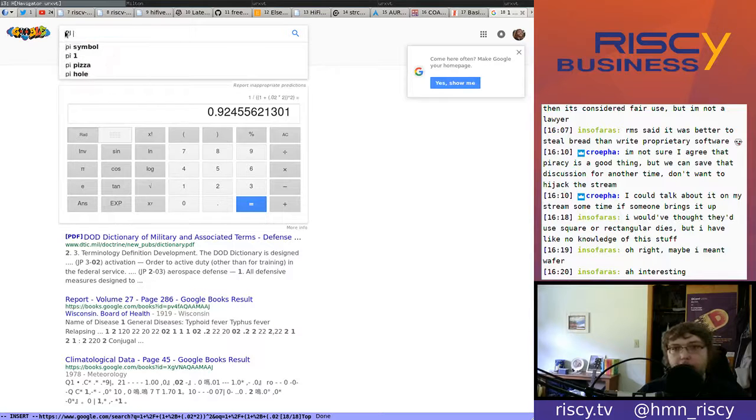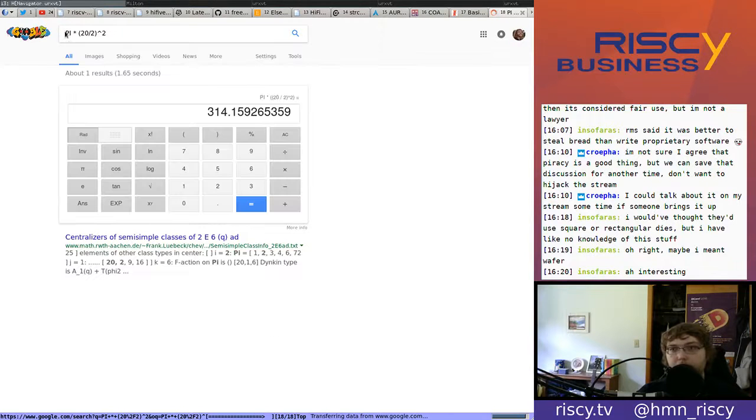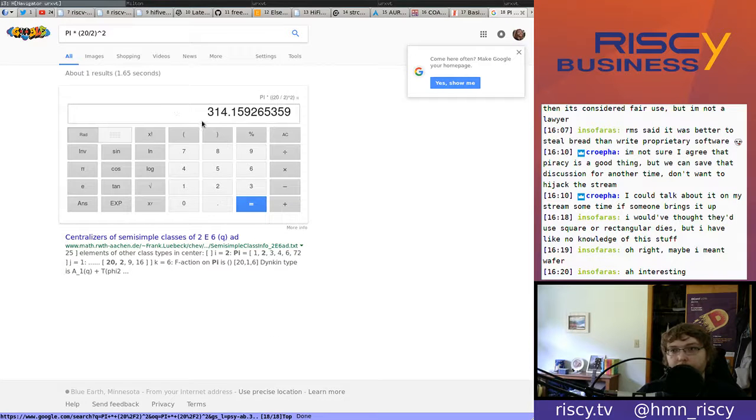So pi times 20 divided by 2, and then we want to square that. So that gives us pi shifted a few decimal places, right? Because the 20 divided by 2 gives you 10, and then squared times pi.